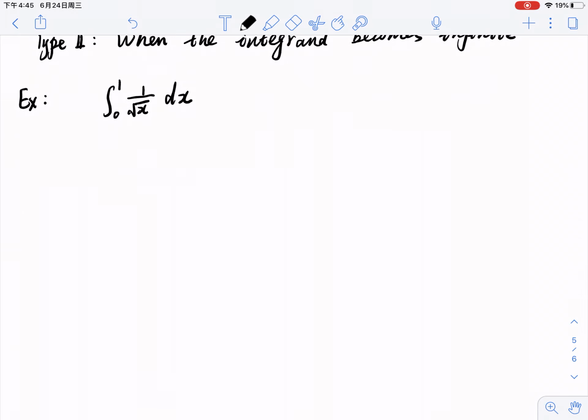Now we look at the integrand. The integrand is 1 over square root x. We sketch its graph.